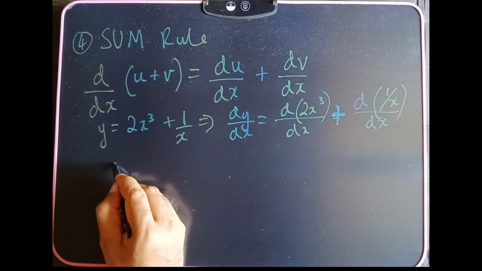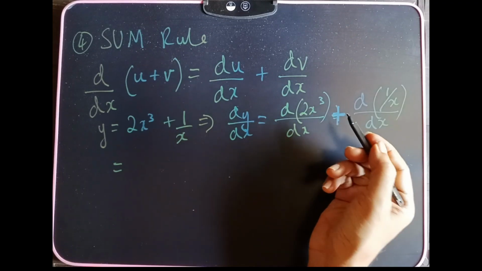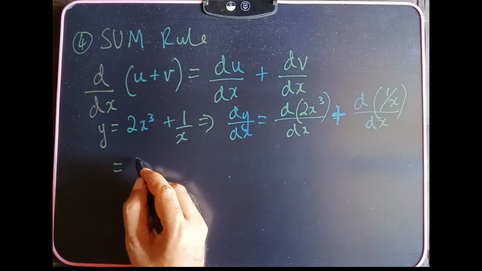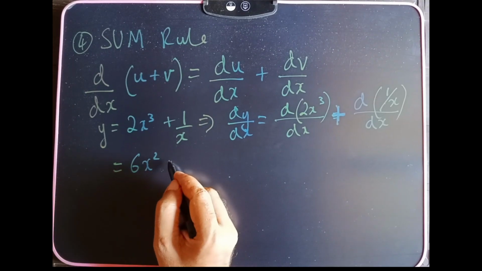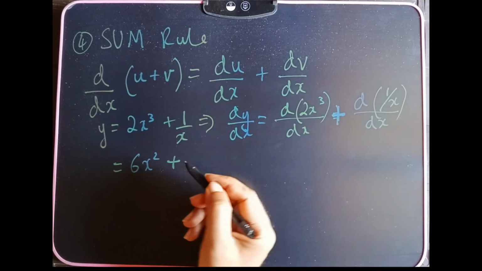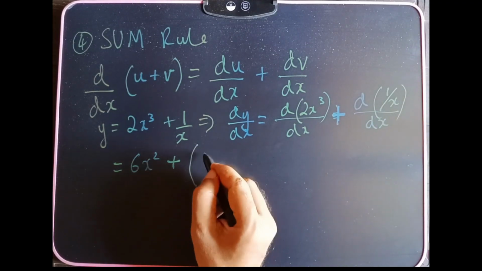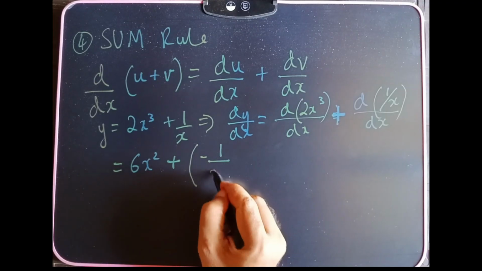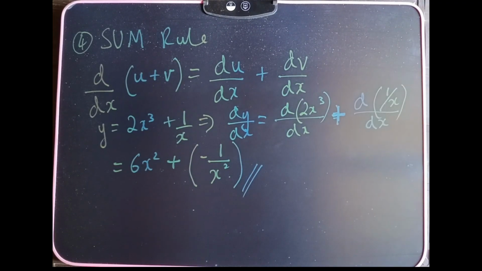Using the power rule, we have 6x square plus minus 1 by x square. This is your answer. Now we will come to the fifth rule.